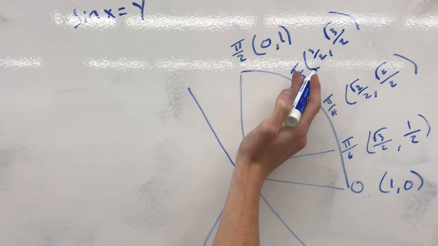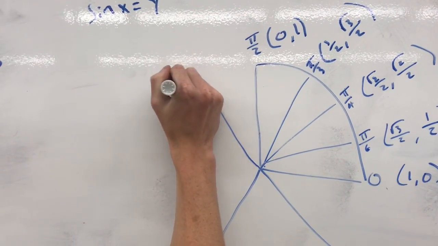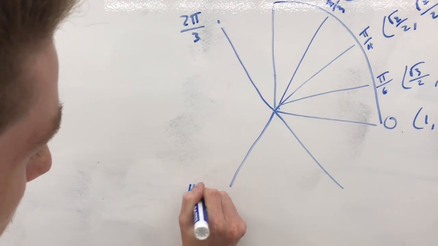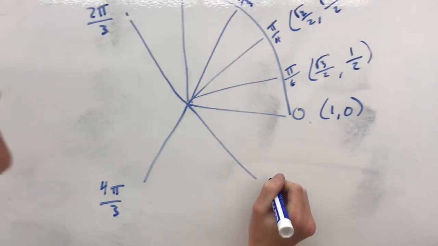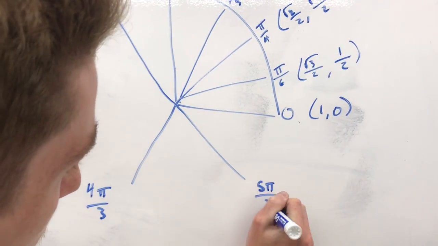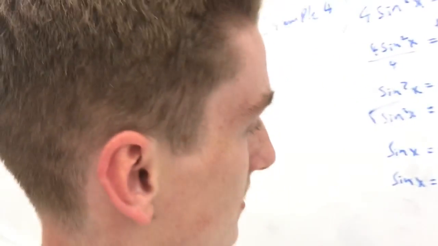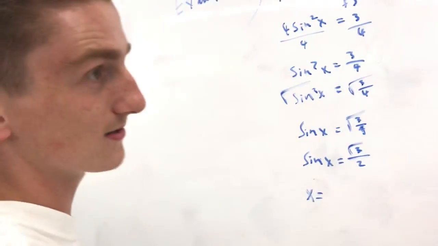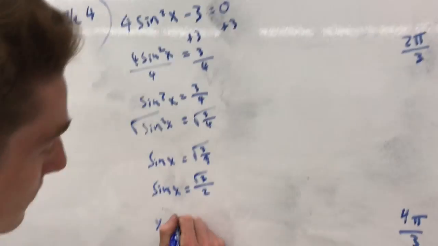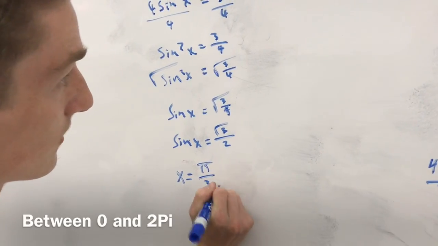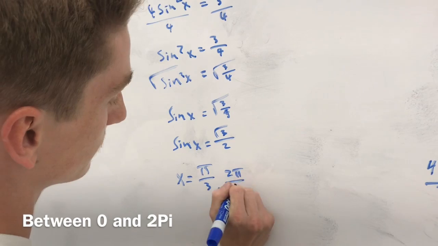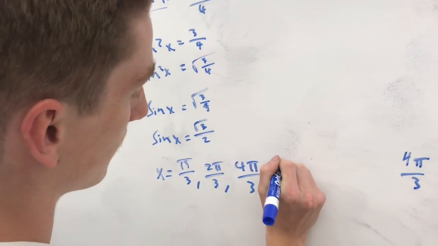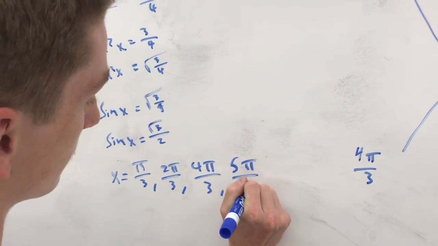So if you follow with me here, it then goes to 2 pi over 3, and then 4 pi over 3, and then 5 pi over 3. So your solution to this question is x equals, going from least to greatest, pi over 3, 2 pi over 3, 4 pi over 3, and 5 pi over 3.